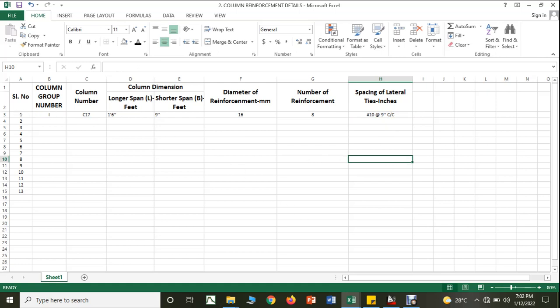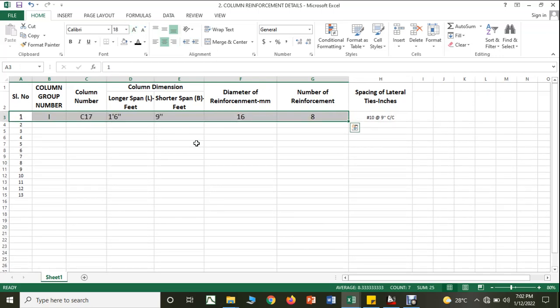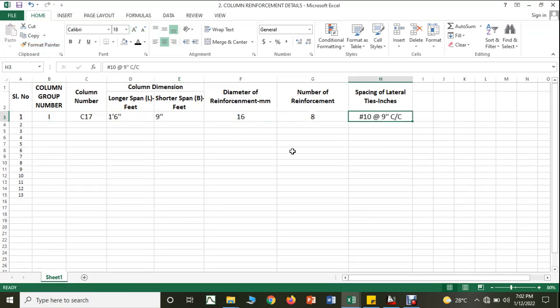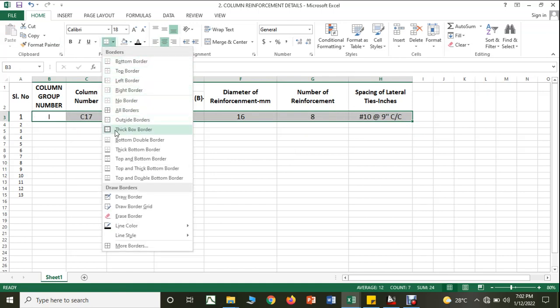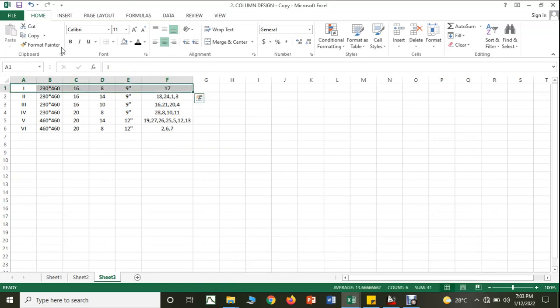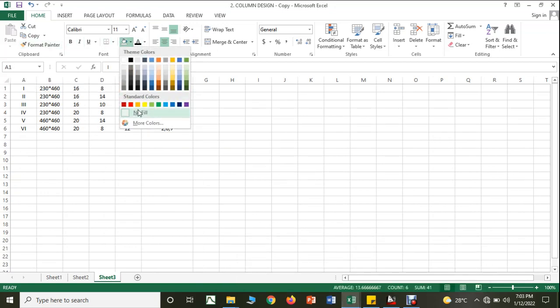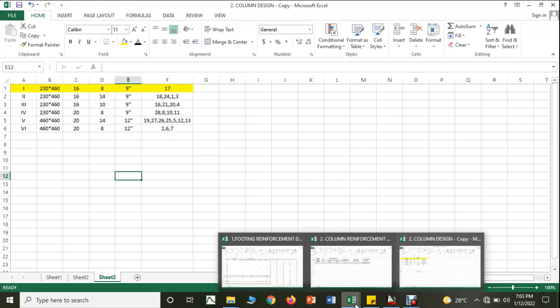After that, I can increase the size. So this is one group. The next group you can see here is of 3 columns, that is column 18, 24, 1, 3.